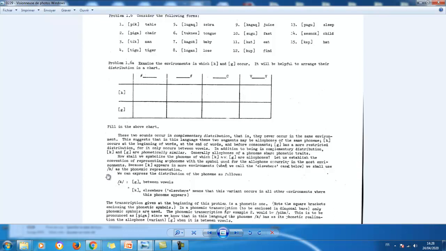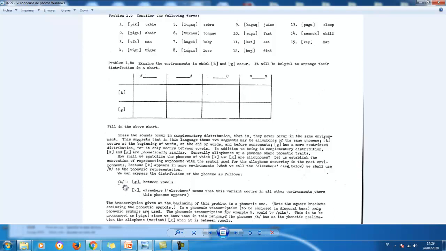The first realization is k when it is initial, final, and before a consonant. And the second realization, it is realized or pronounced as g when it is put between two vowels here. Okay, so we can express the distribution of the phoneme as follows. K, the phoneme, becomes the allophone g when it occurs between two vowels.